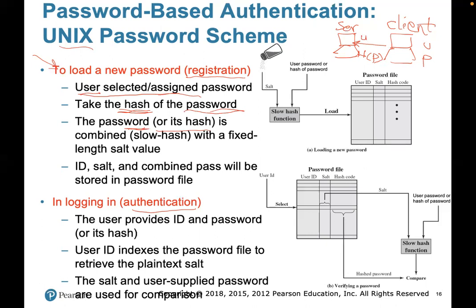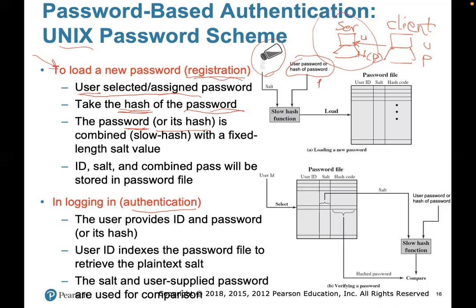The hash of the password or the password plain text is going to be combined. This is the registration, what we are going to store at the server side: the hash of the password plus a salt. Here you see this is the password or hash of the password, so this is item 1, which comes from the user side.